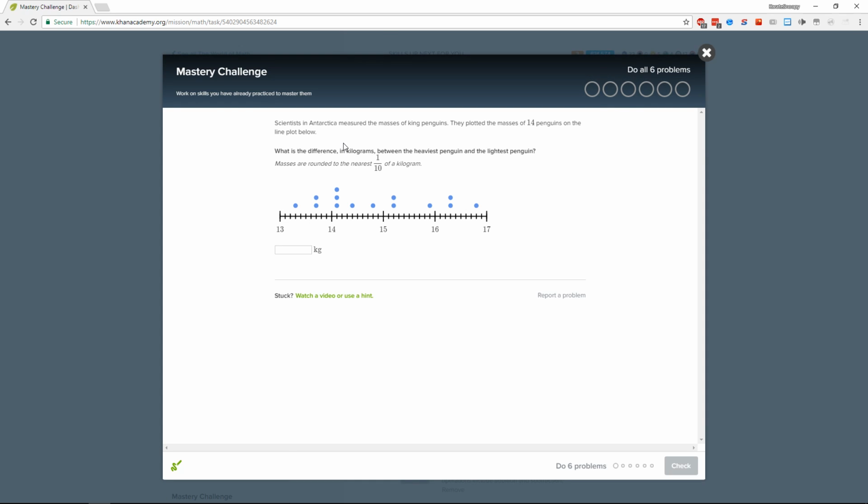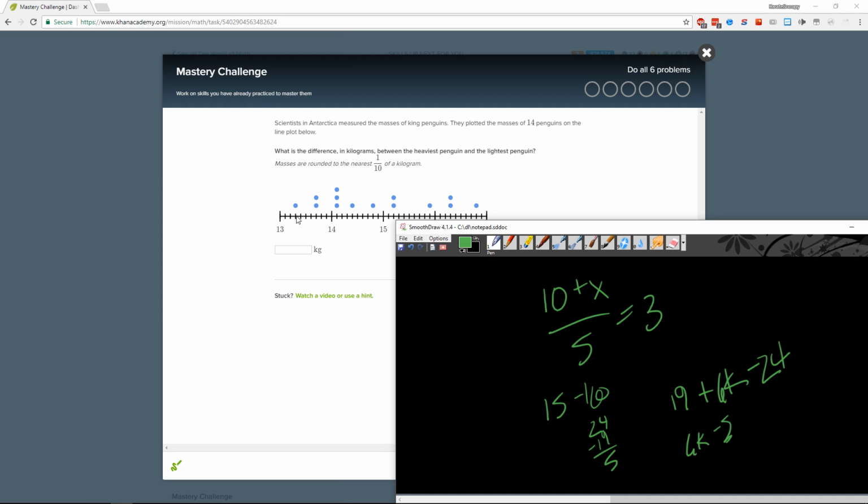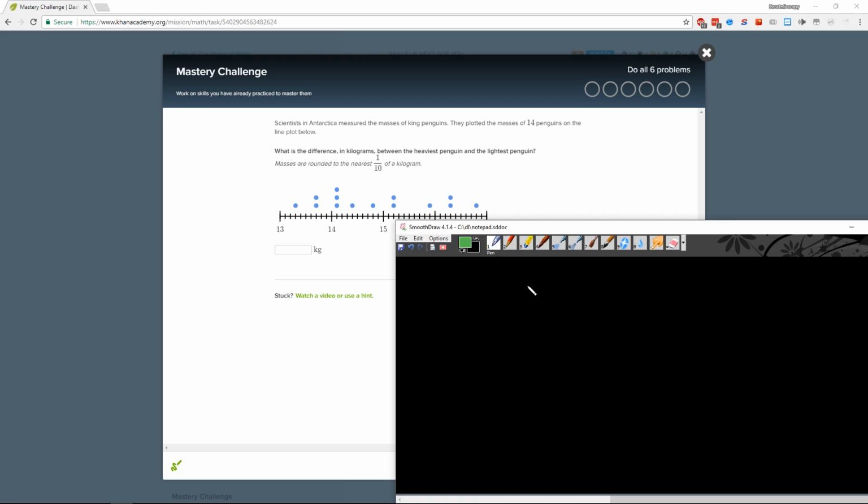Scientists in Antarctica. They plotted the mass of 14 penguins. What's the difference in kilograms between the heaviest and the lightest? I don't know. So the lightest is, let's see, 13.